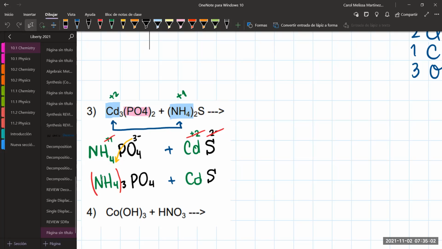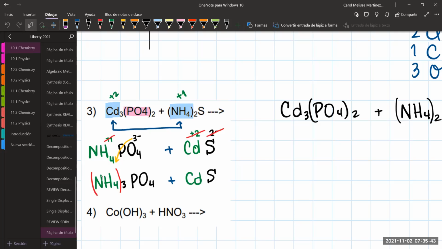Now I just need to rewrite my expression again. So I will have cadmium phosphate and ammonium sulfide. They are combined to produce, well, the product that we just got: NH4 phosphate and cadmium sulfide.